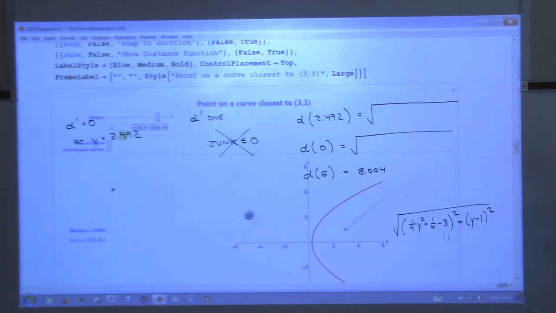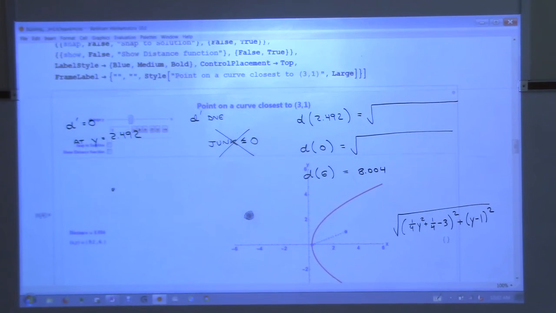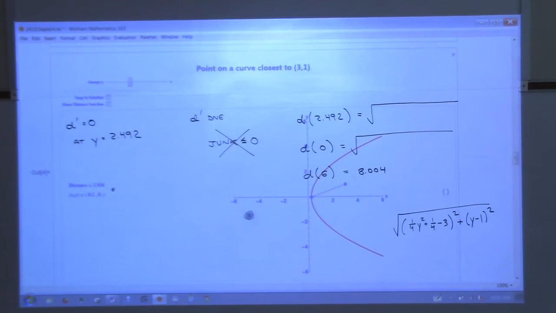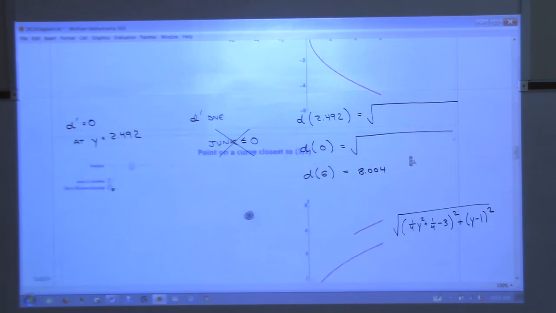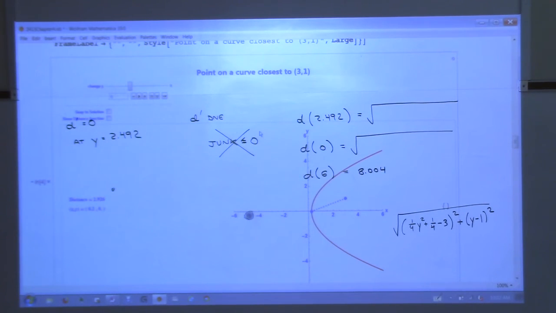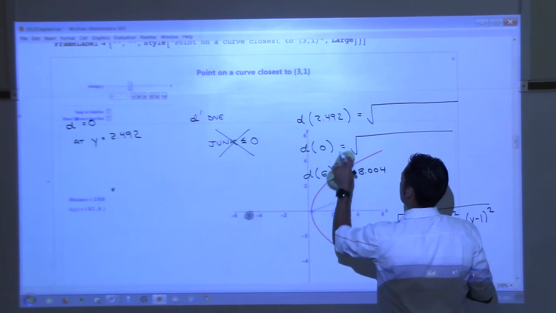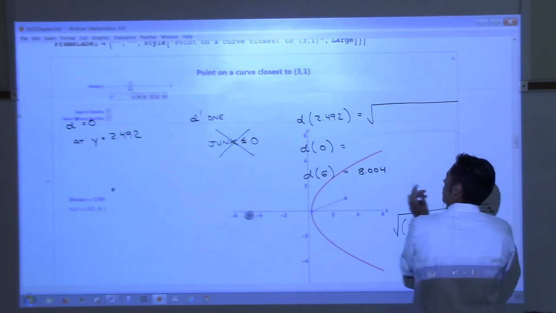If you plug in 0, looks like you get 2.926.